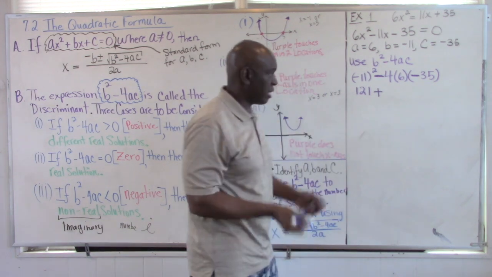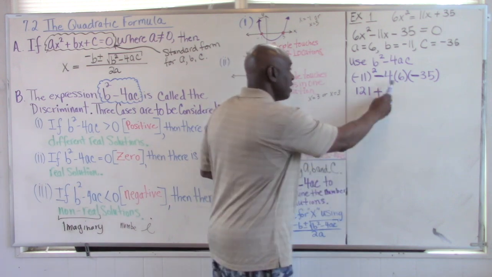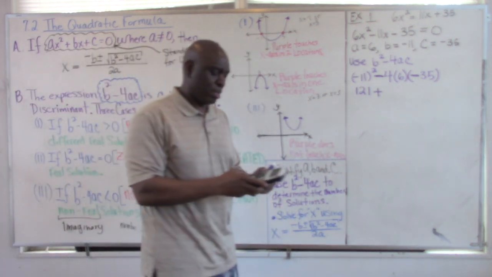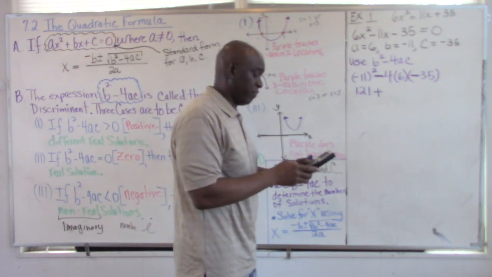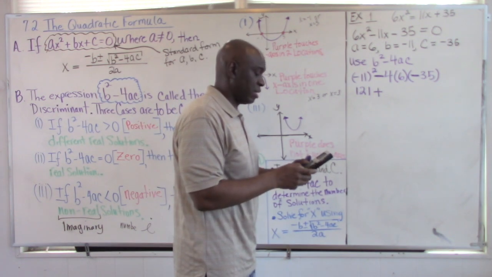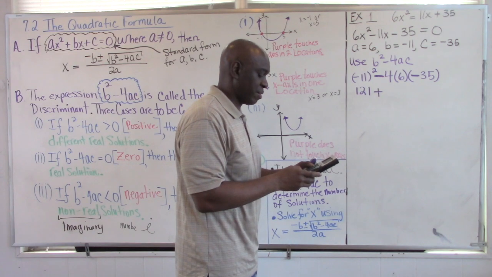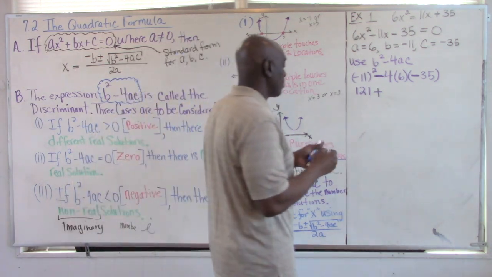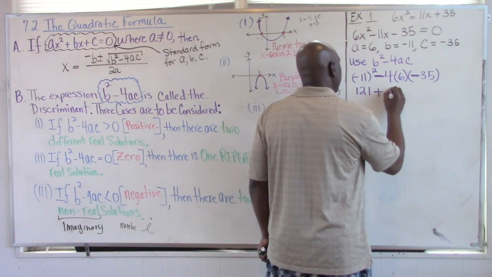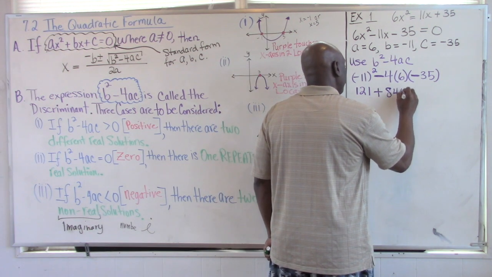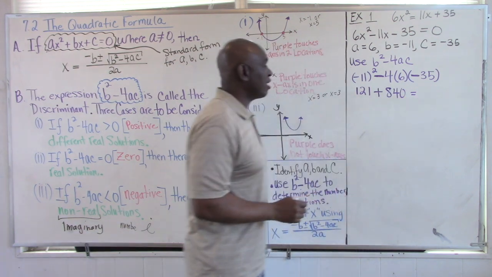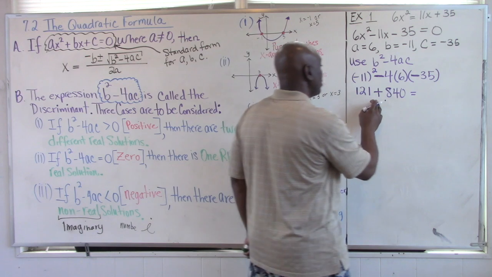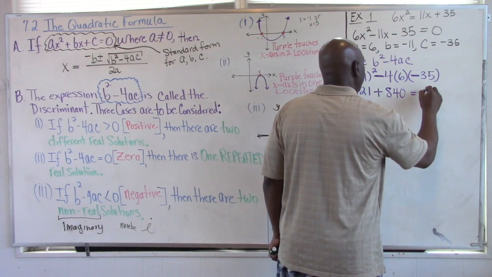Now multiply these 3 numbers. 4 times 6 times 35 is 840. Plus 121, that's going to give me 961.